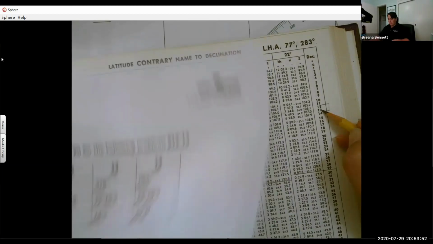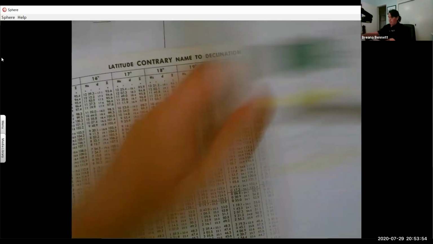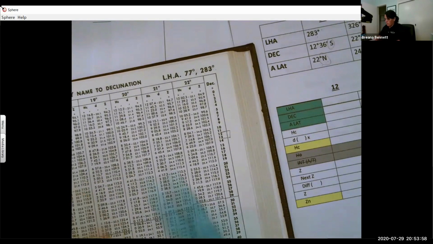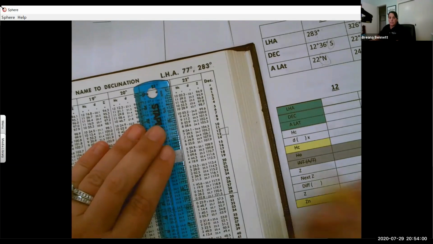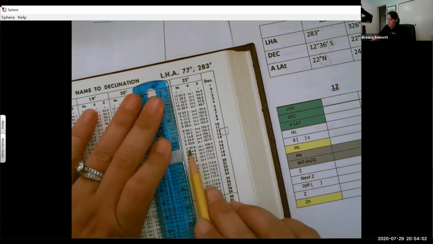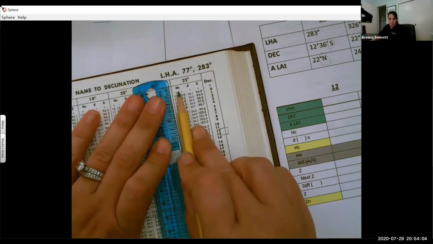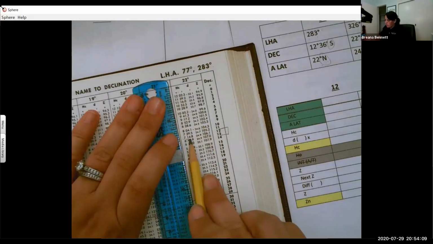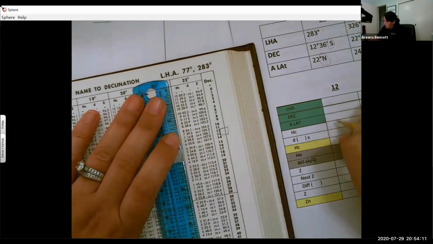Our first one is our HC. So HC is at the top. So our HC for 12 is going to be 7 degrees, 14.8.